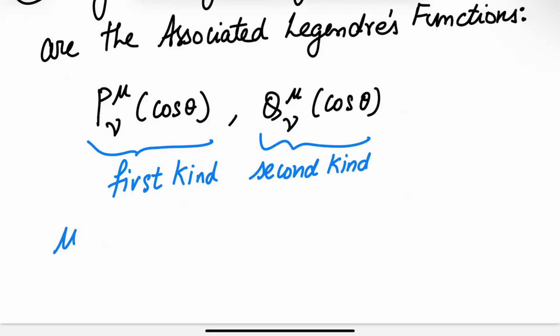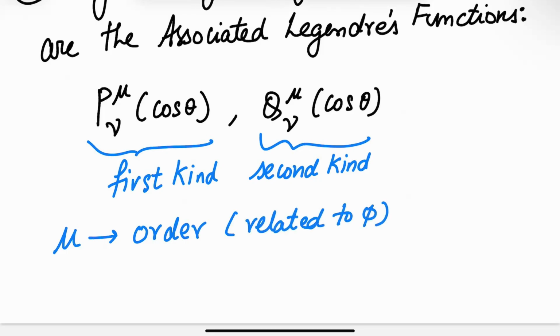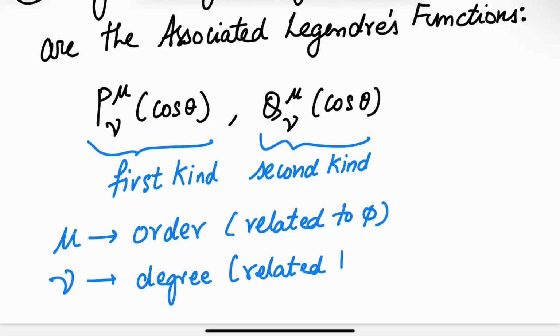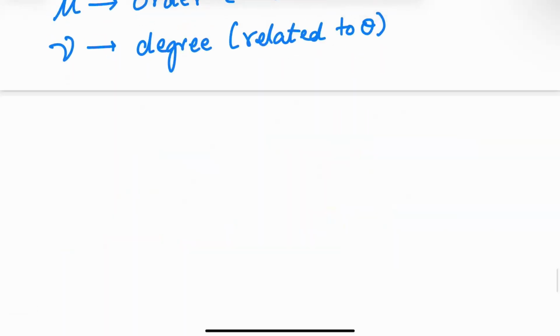Mu is the order, which is related to phi as the azimuthal coordinate, and nu is known as the degree, which is related to theta. All right, so what do these functions actually look like? What are their properties? That's what we'll briefly discuss now.